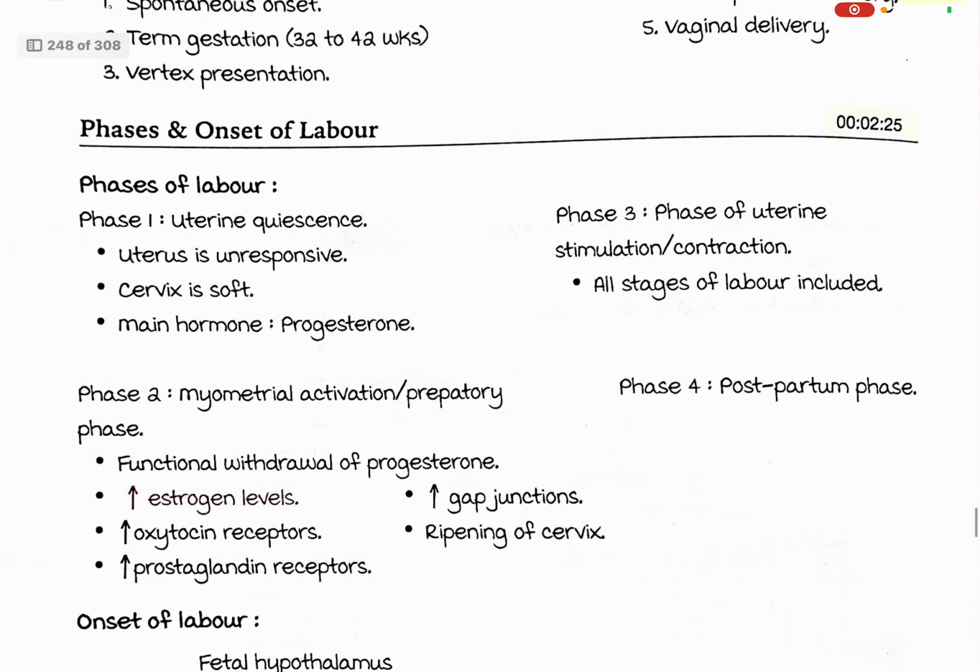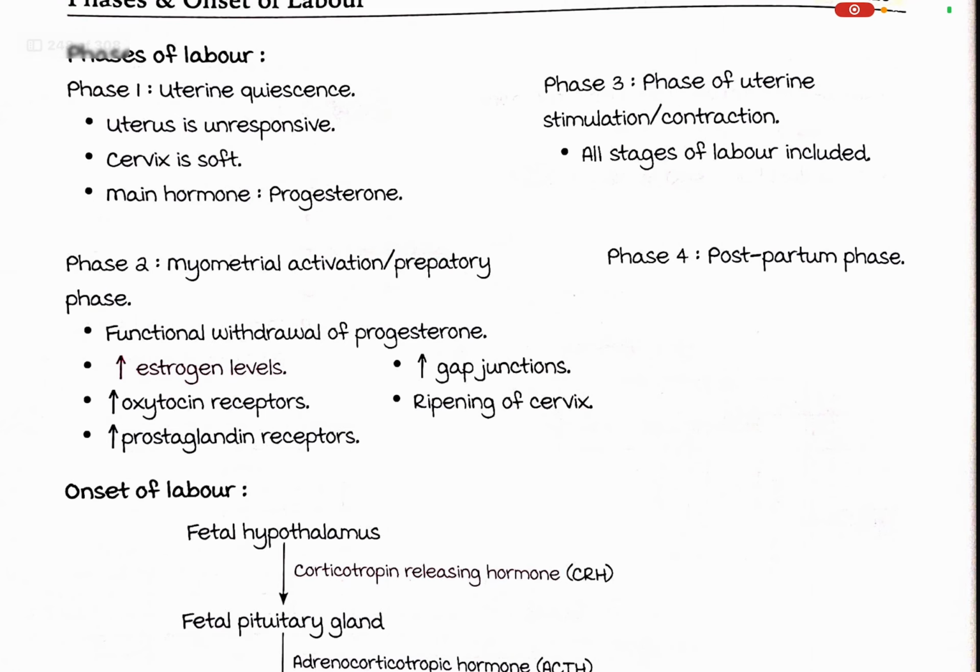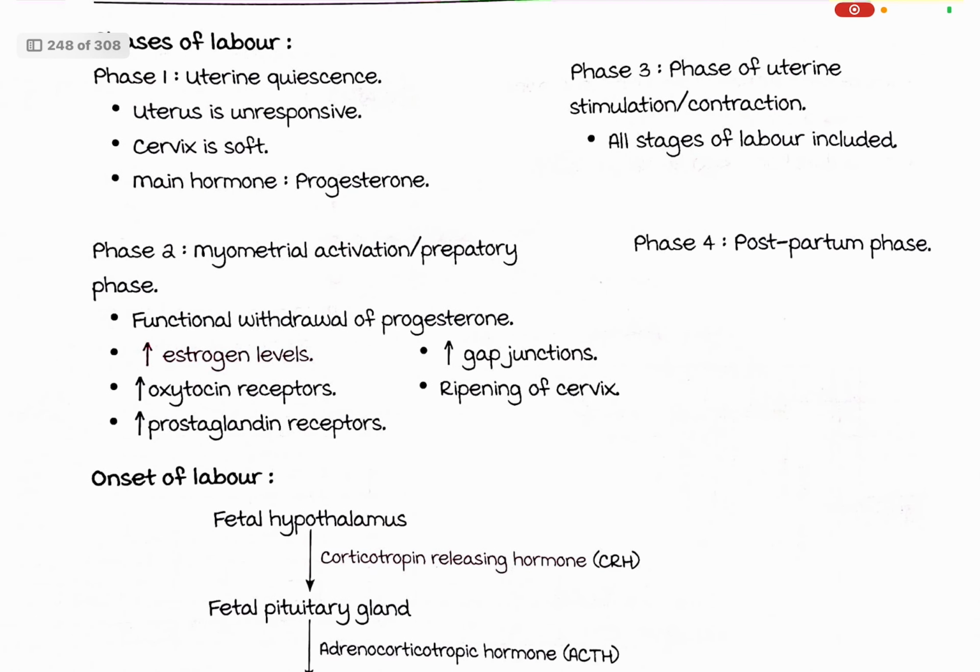Phases of labor: Phase 1, uterine quiescence, the uterus is unresponsive, the cervix is soft, main hormone progesterone.